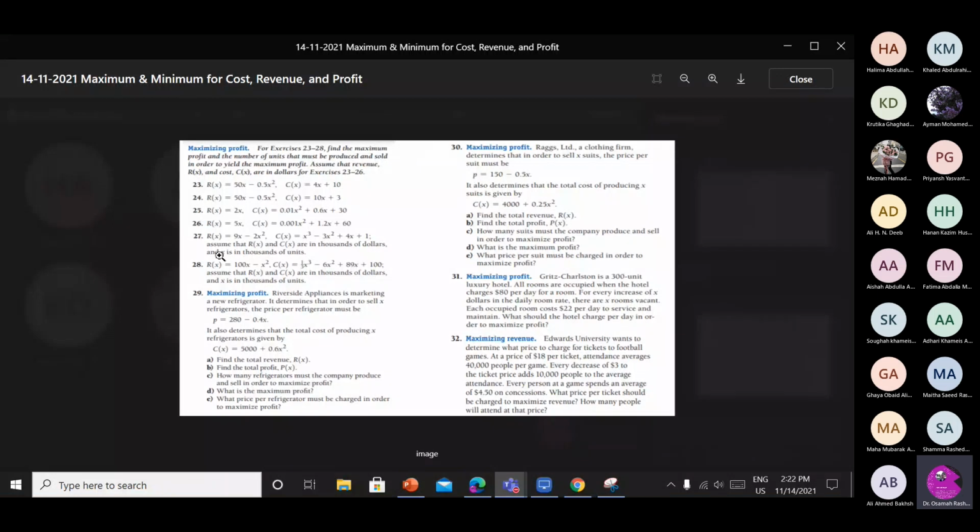And he also gave you the cost, which is x cubed minus 3x squared plus 4x plus 1, right?